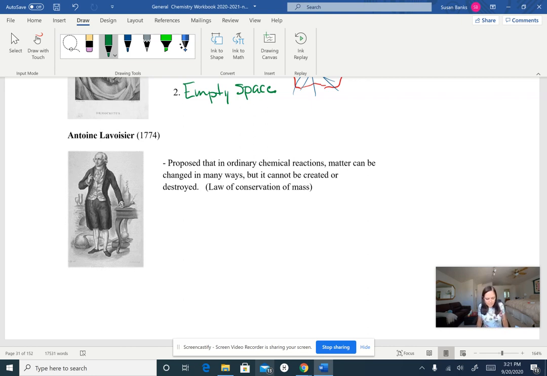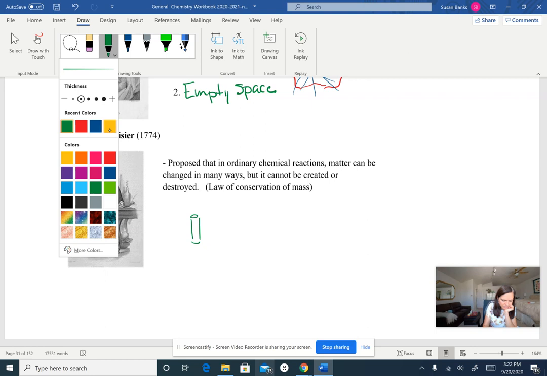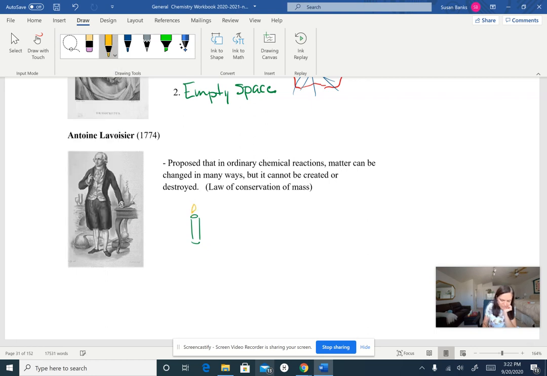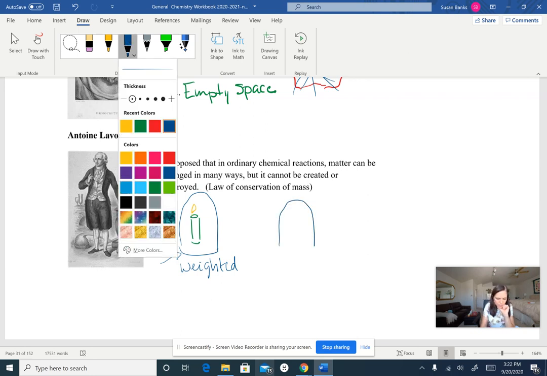Now, Antoine Lavoisier came up with this experiment. He, in fact, did several variations of this experiment. He took a candle, and he burned that candle under a glass dome until that candle went out. He weighed it before he started the candle, and then he took the same glass dome with the candle that had burned a little bit.